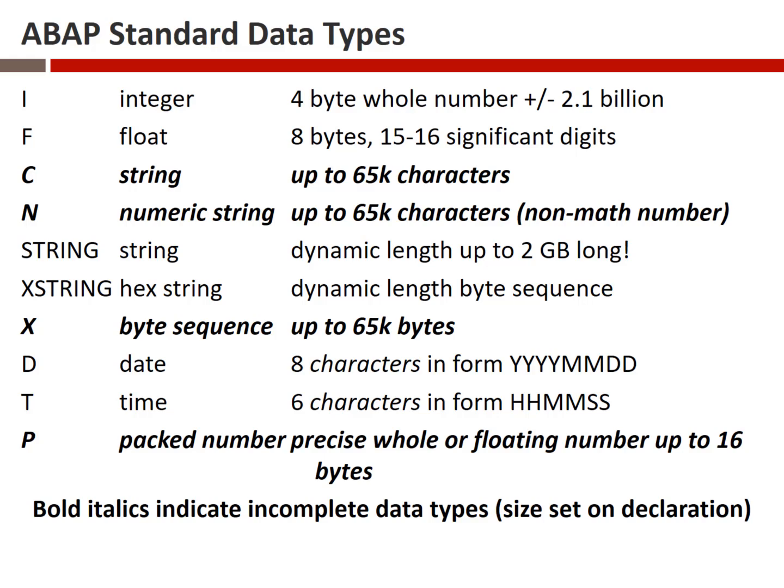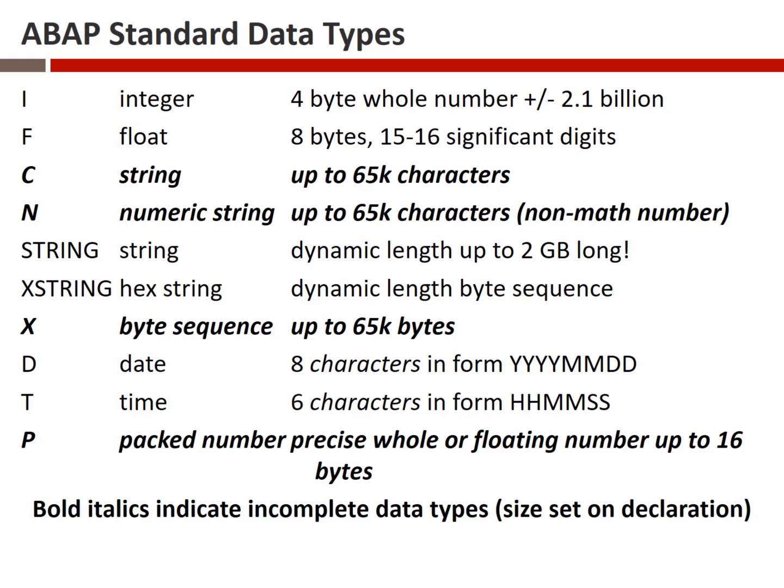Now, how many digits do I actually get? Here's the rule. I take the size specifier and I multiply it times 2, and then I subtract 1 from that result, and that's how many digits I get. So you'll notice this number I put here on the whiteboard a second ago, 127,686.17.